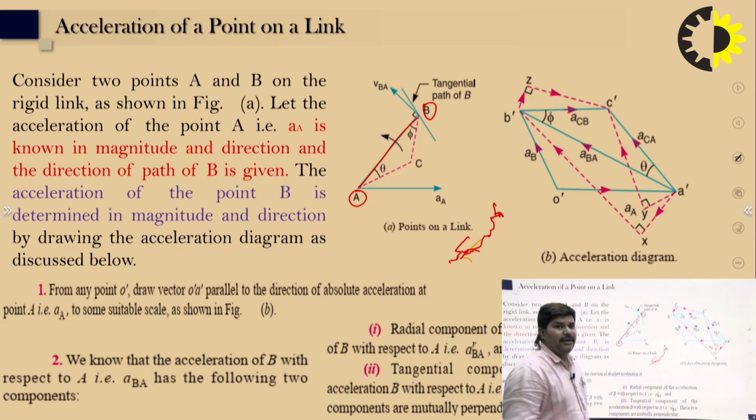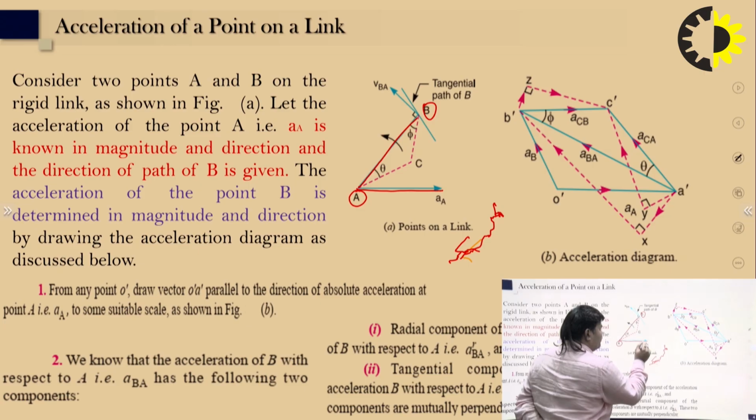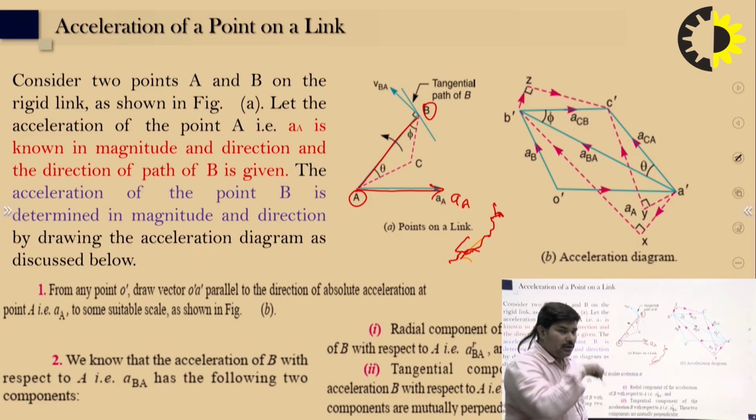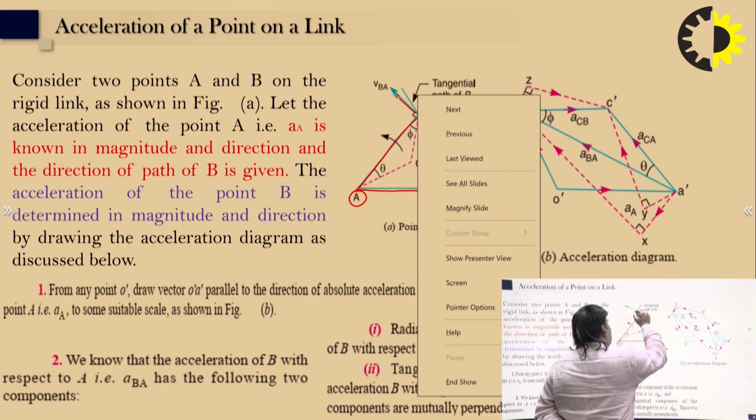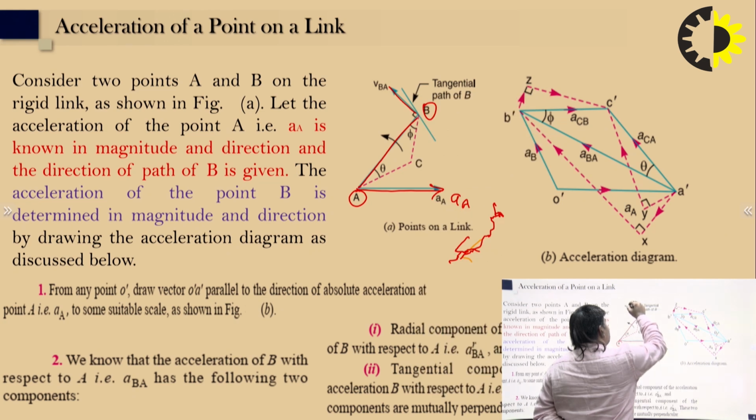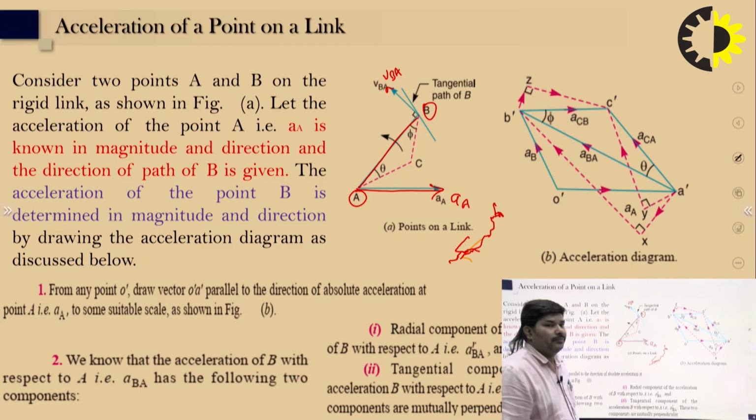For point A, the magnitude and direction is given, the acceleration of A is known. For point B, only the direction is given. It means the acceleration of B with respect to A is unknown.